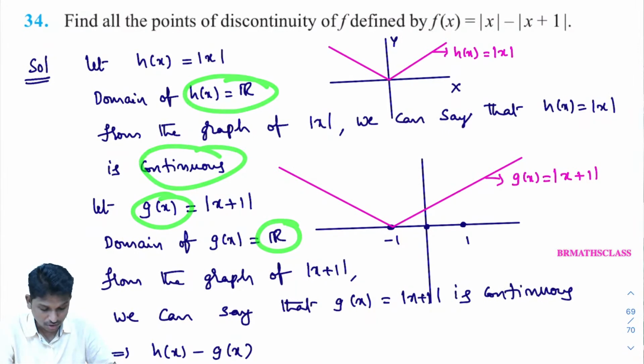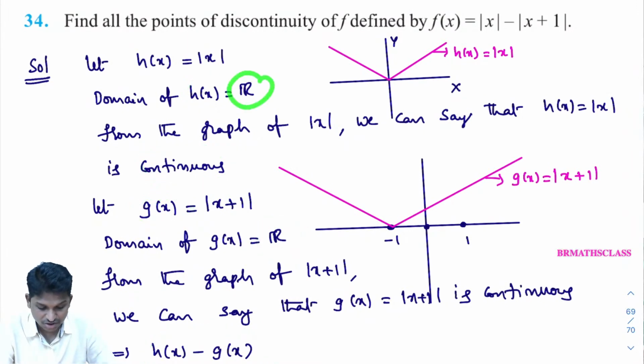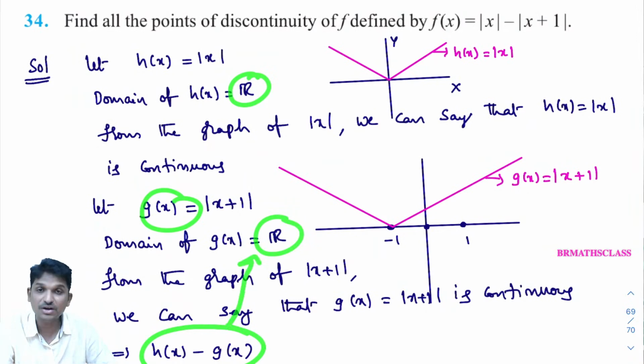What is the domain of h of x minus g of x? The domain of h of x minus g of x is the intersection of this set and this set, which is all real numbers. From the theorem we can say that h of x minus g of x is continuous on real numbers.